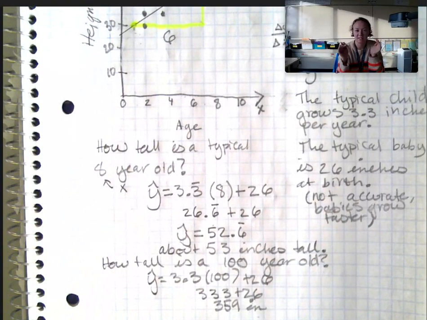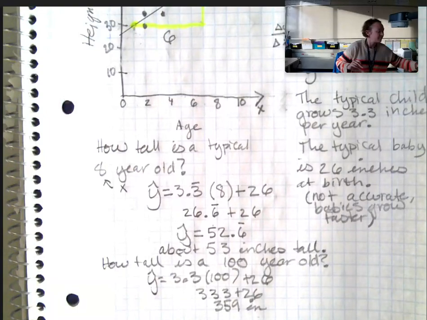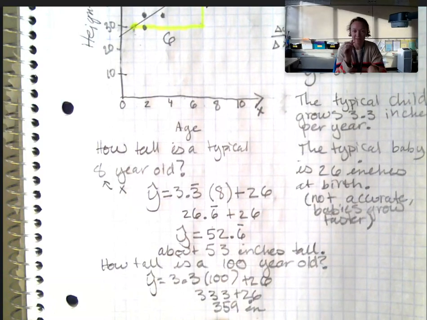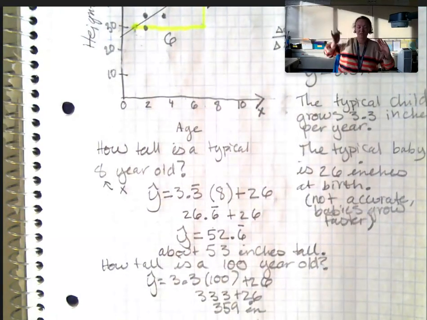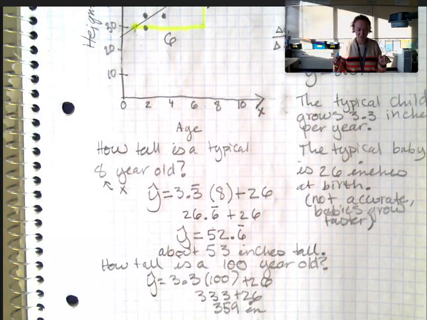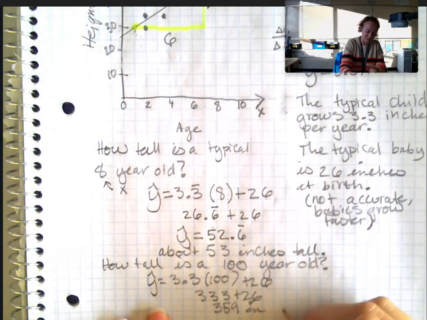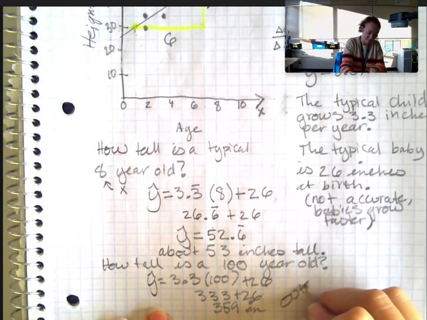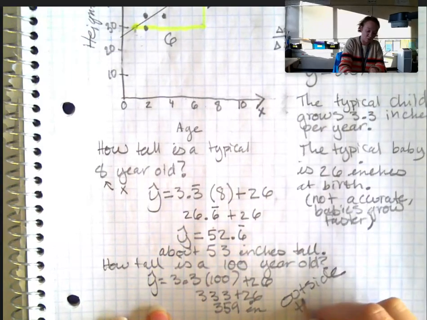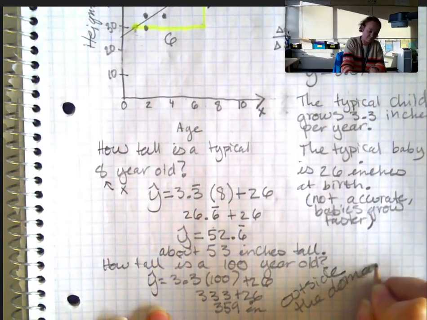So this is a classic example of trying to apply data outside of its scope, right? So this is data that only makes sense for kids. It does not make sense for adults. So we would say that it's technically outside the domain of the data.